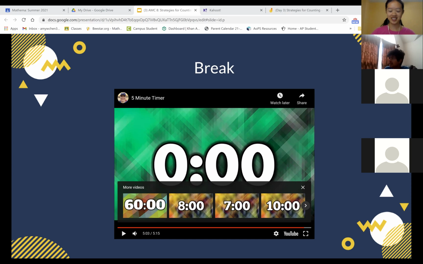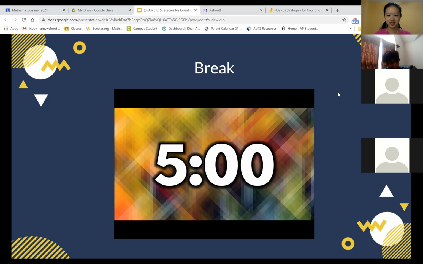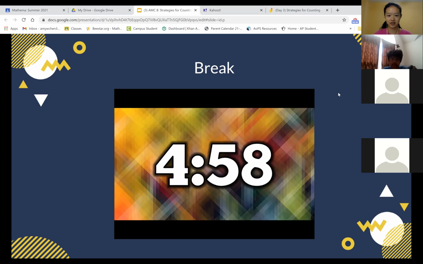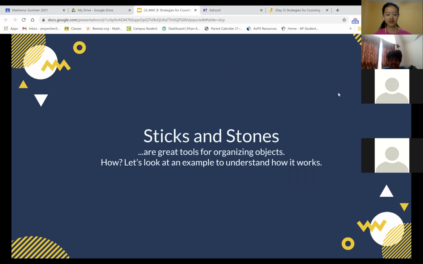I know. It says that it originated in Galveston. Wasn't Galveston like Houston? I think Houston and Galveston are the same area. Yeah, something like that. So I learned that they're making Juneteenth an official holiday. I didn't really know what Juneteenth was. That's good. Okay, so now we're going to be learning about the sticks and stones.